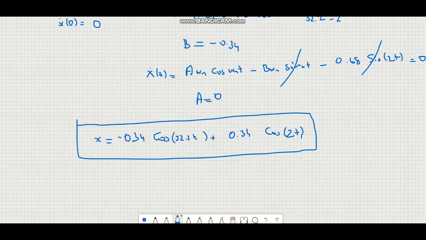All right. What can we find here? The last one, to find the maximum velocity.